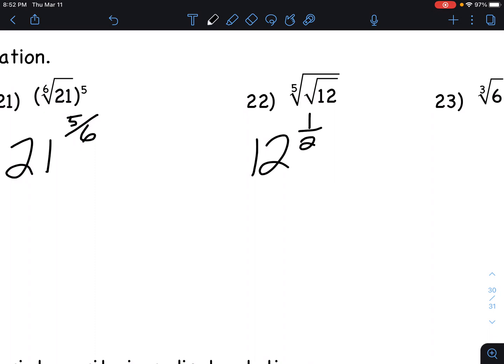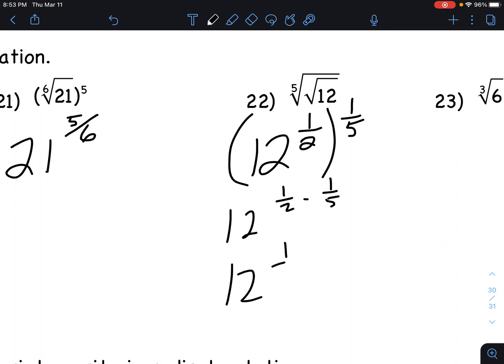Remember, square root is 1/2 as an exponent. Then we have the fifth root of it. The fifth root would mean 1/5. And there's an old exponent rule that you've been learning since 9th grade that says when you have an exponent to another exponent, it's called a power to a power, and you are supposed to multiply them. So we do 1/2 times 1/5, and that is 1/10.